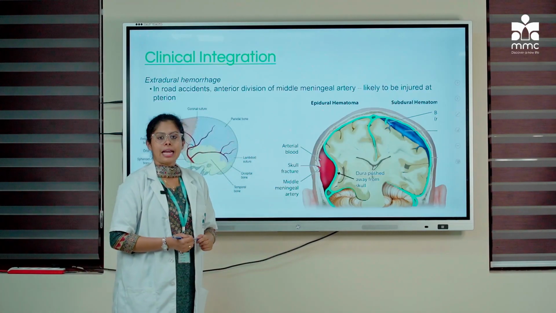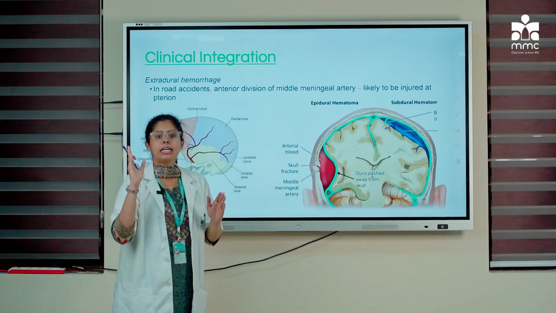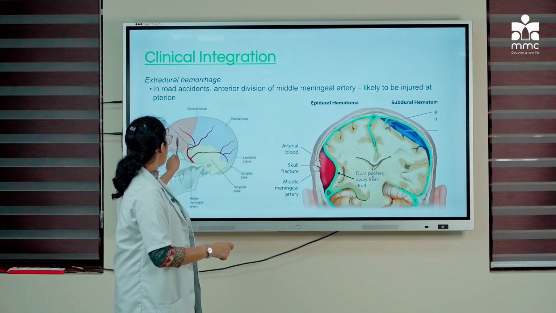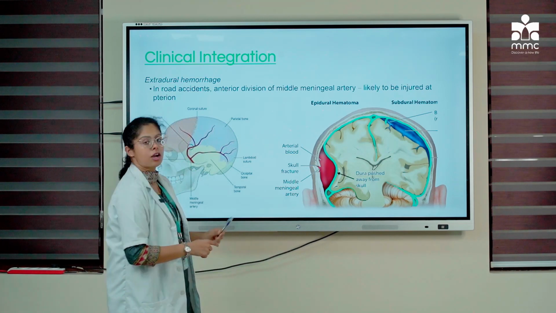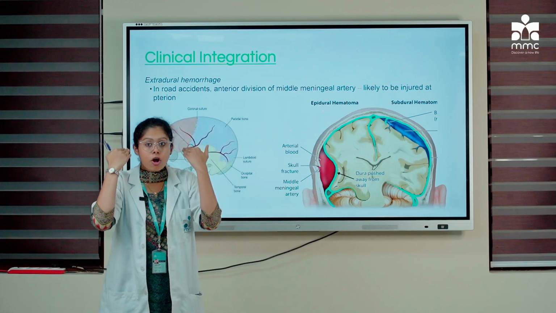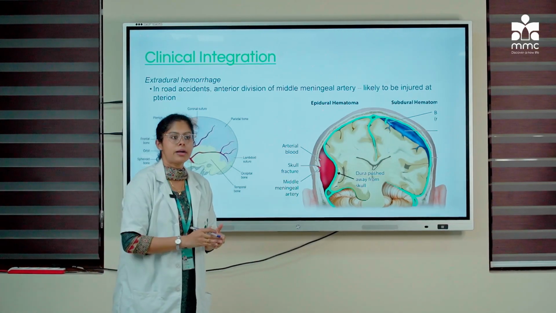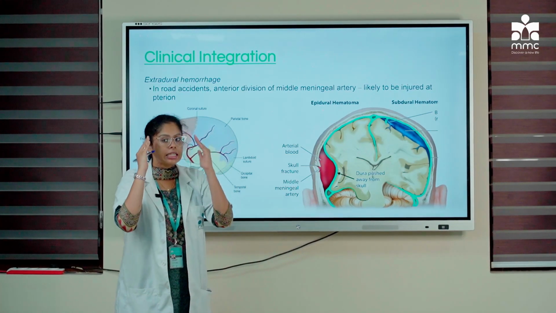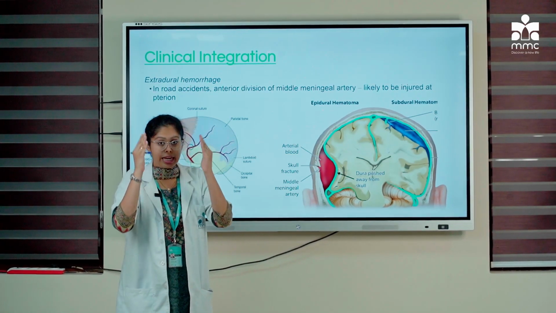Talking about the applied aspect, the anterior division of the middle meningeal artery is present in an H-shaped sutural area called the pterion. Pterion is present in the norma lateralis. So most commonly during accidents, road traffic accidents, this region gets fractured.